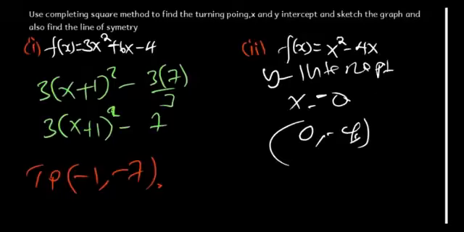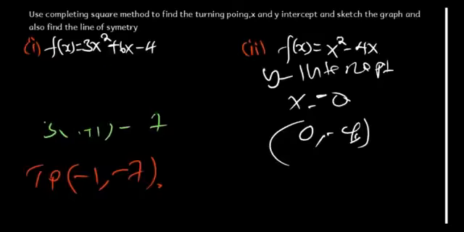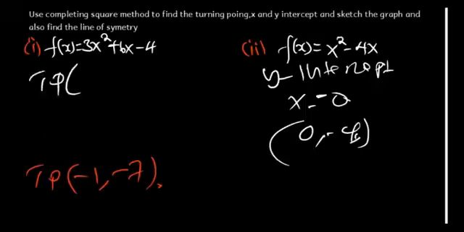To find the x intercept, same, we equate y to be equal to 0. We are saying that our turning point is negative 1 comma negative 7. What else do we know?